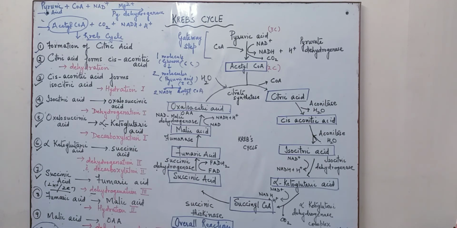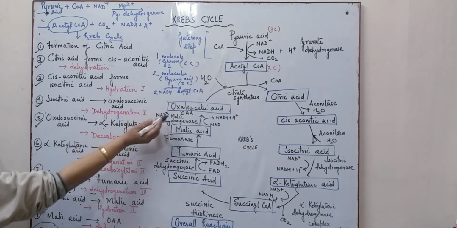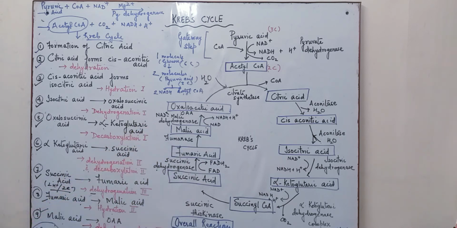After the formation of malic acid, the fourth dehydrogenation step takes place. That is the formation of oxaloacetic acid from malic acid in the presence of NAD plus and malic dehydrogenase.